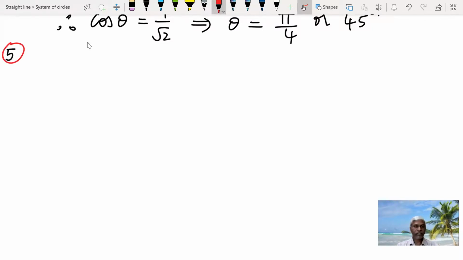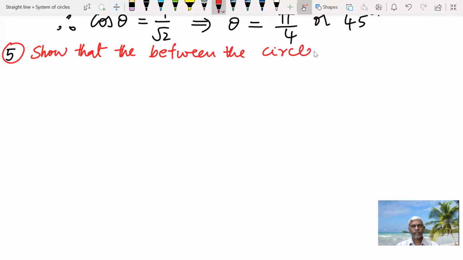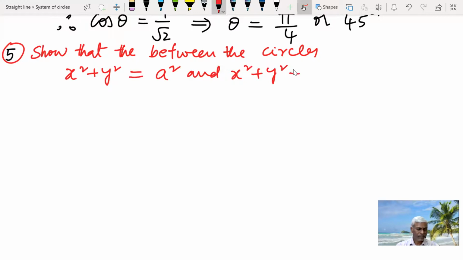Show that the angle between the circles x square plus y square is equal to a square, and x square plus y square is equal to ax plus ay is 3 pi by 4. That is what we need to show.